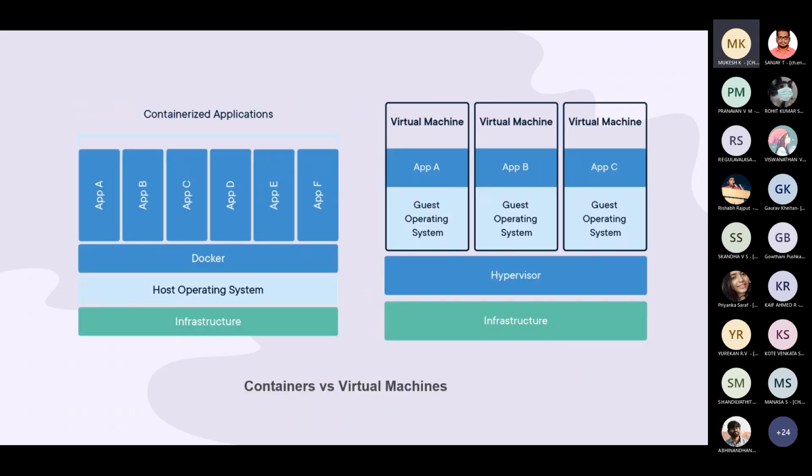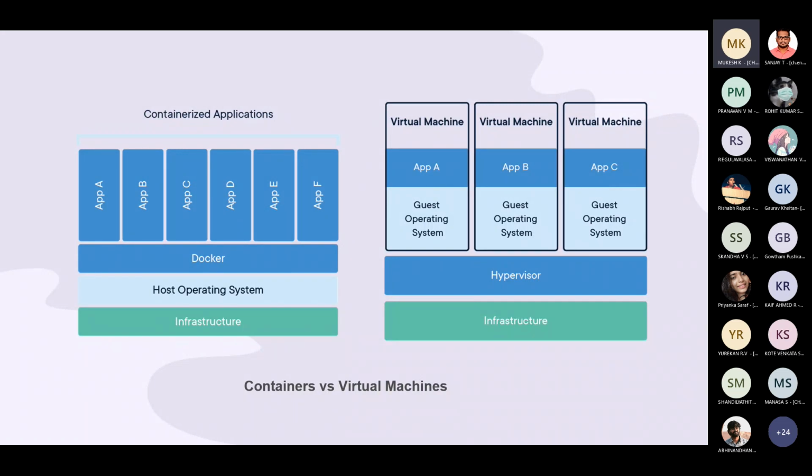Now let us see the key difference between containers and virtual machines. Containers are isolated and lightweight components, and they run an application on the host operating system itself. But in a virtual machine, we have a guest operating system.